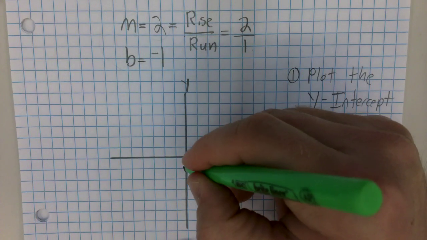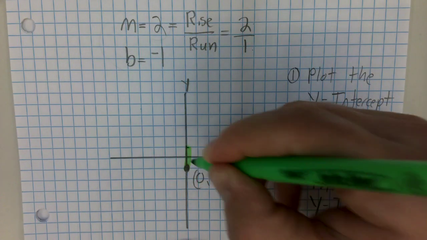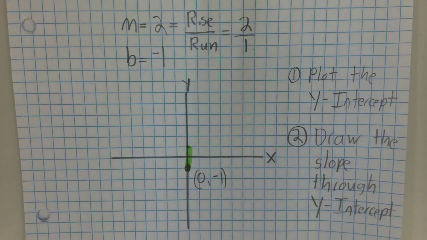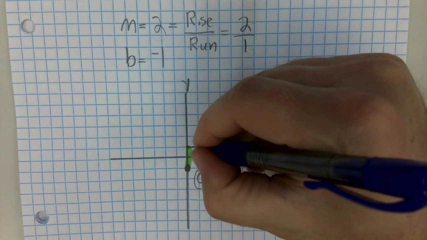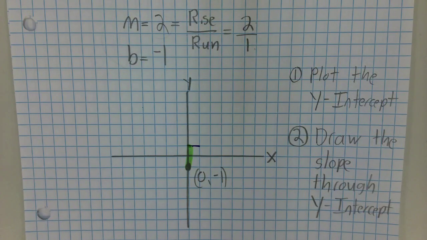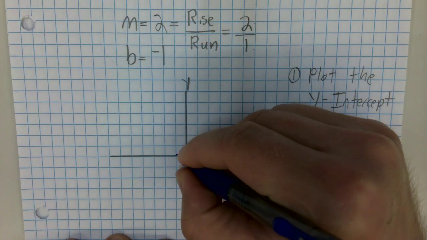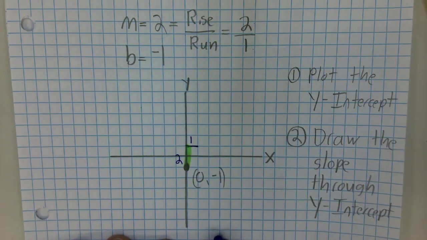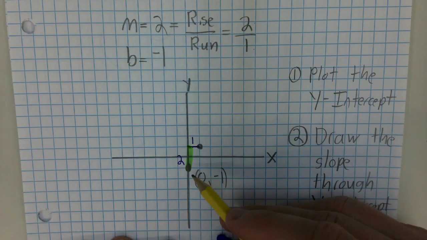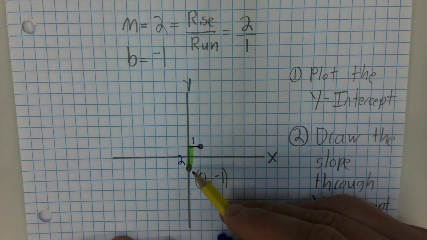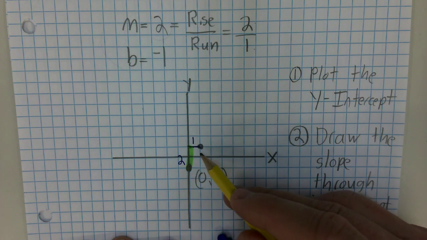I'm going to color code it, but we're going to rise 2, and we're going to run 1. So that was 2 and 1. And that is our next point right there. So we've got 2 points on the line so far. Really, we could just draw our line between those points.